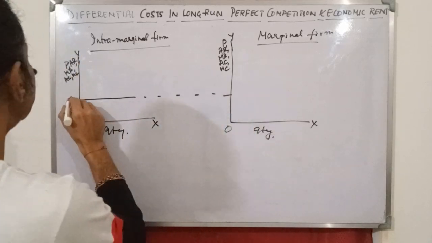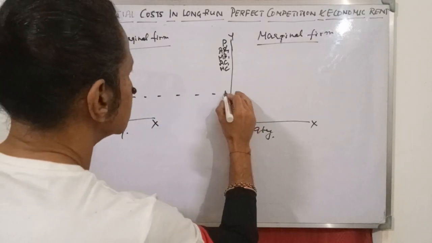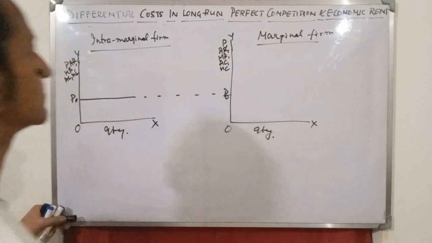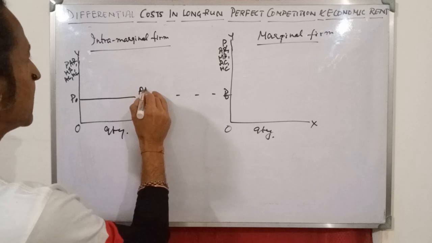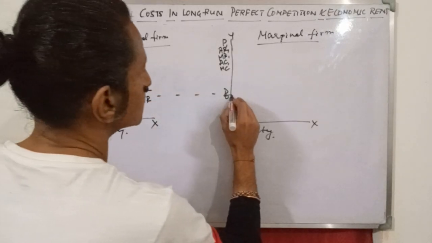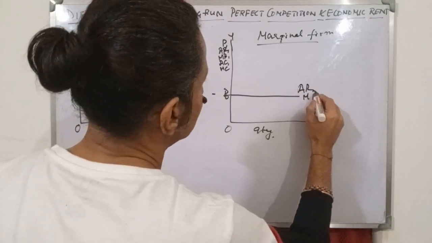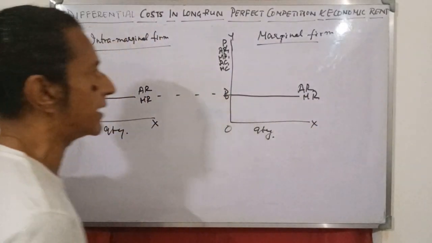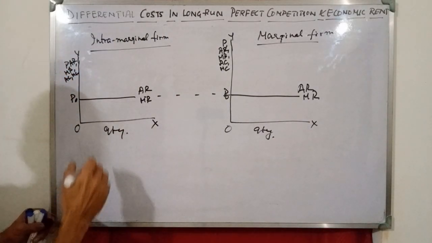Let P0 be the price determined in the industry. This is the average revenue curve, which is also the marginal revenue curve. Why? Because price is not changing. The firms cannot change the price.